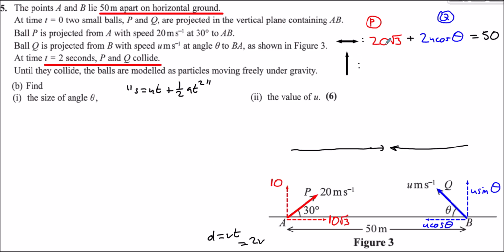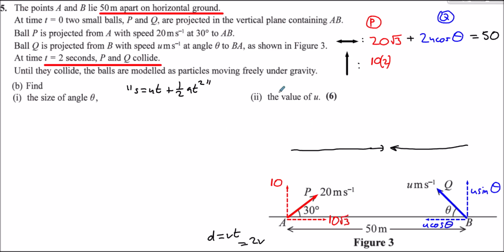So in terms of P, what I can say is the vertical height that P will be is its initial vertical speed multiplied by t, so that's going to be 10 times 2, plus half times a times t squared.